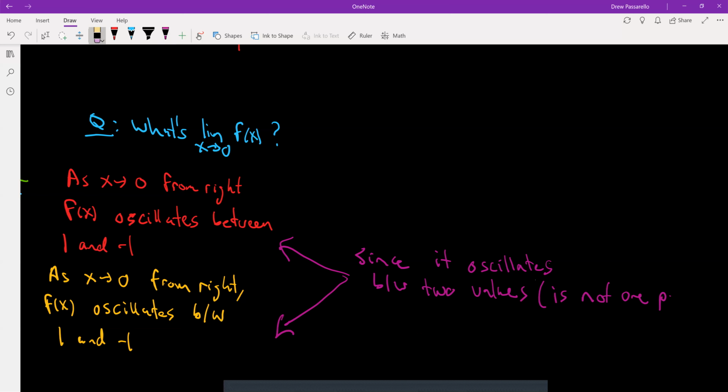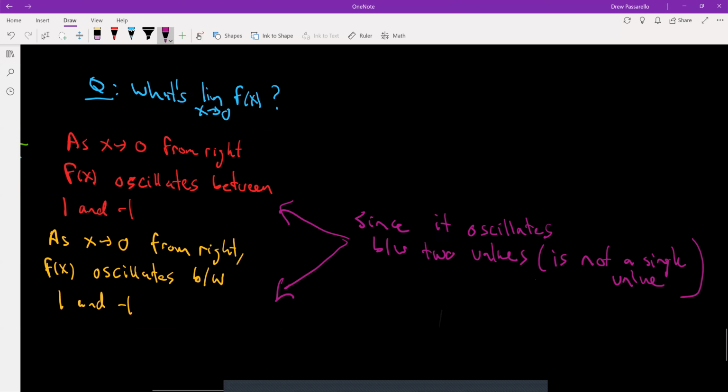So what I'm saying is it is not a single value. We'd say the limit doesn't exist.